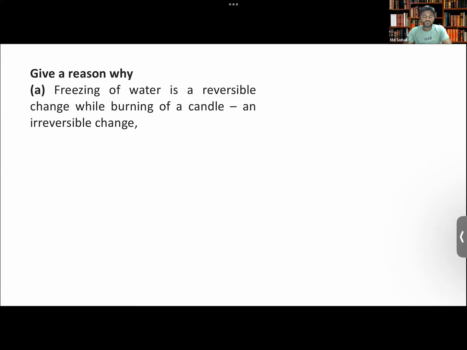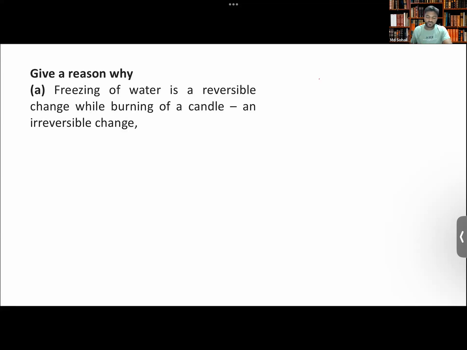So freezing of water is a reversible change because it can be reversed back to liquid. And burning of a candle cannot be reversed because the original form cannot come back. Exactly.